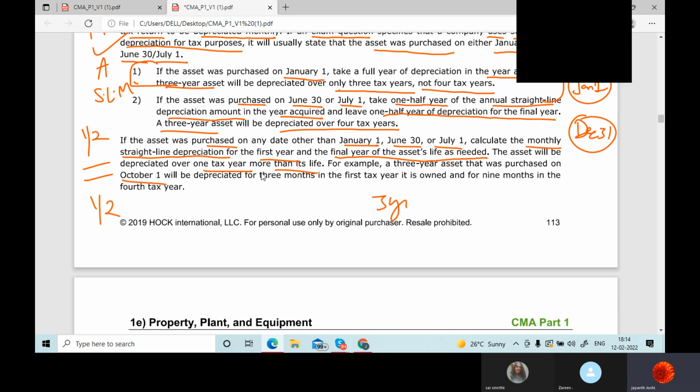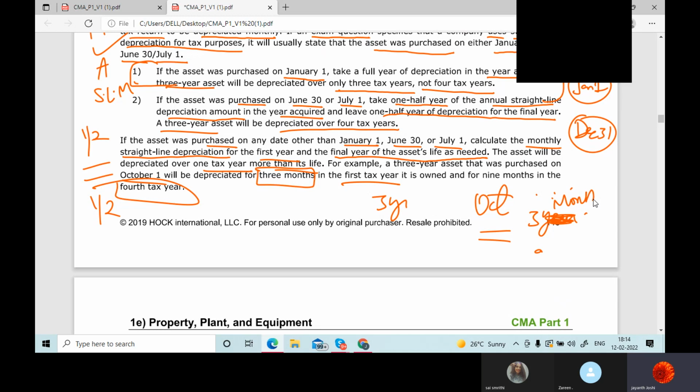So it will be depreciated for 3 months in the first year and the rest, 9 months, in the last year. Suppose October is when you purchased the asset: October, November, December, 3 months in the first year, in between 2 years full year, and the last year, 9 months.